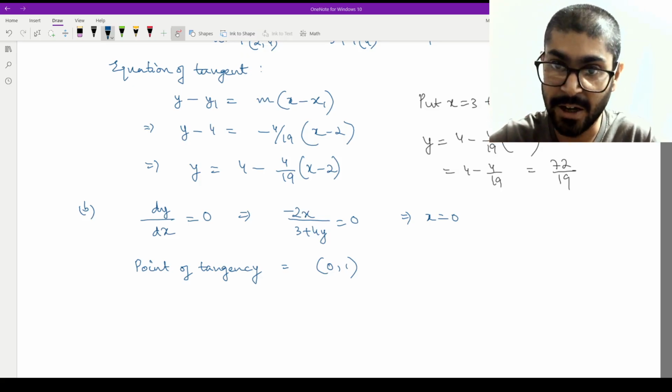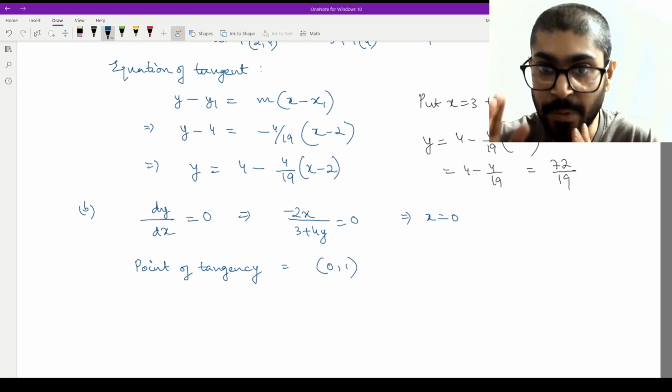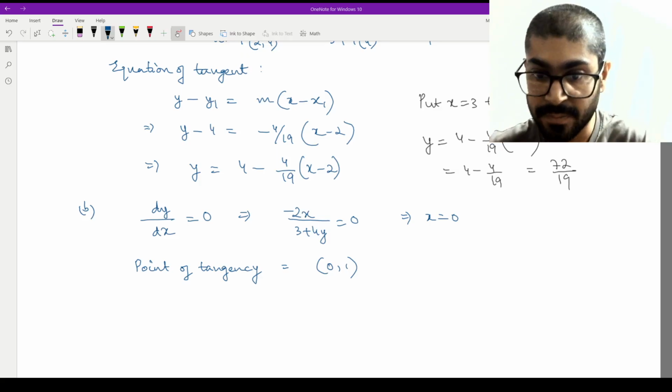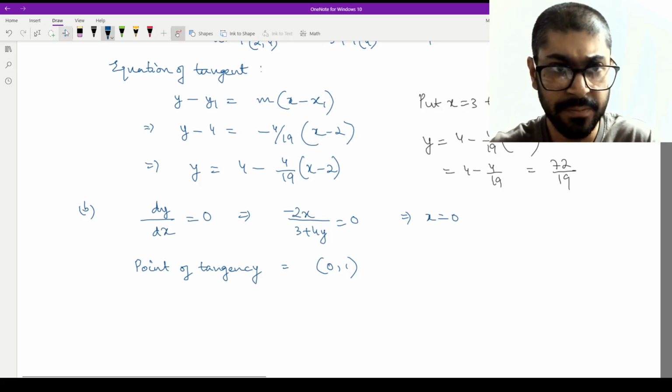So the point of tangency should be (0, 1). I hope it's clear, because it's the line y equal to 1 and x is 0. So we would have to check if this point actually lies on the curve. That would give us our entire solution.